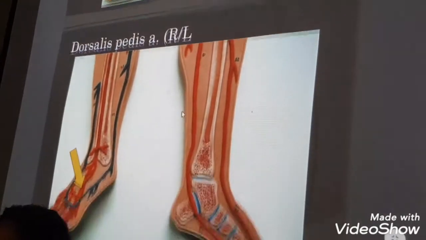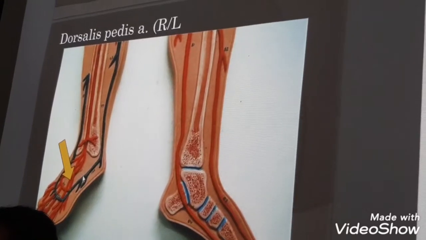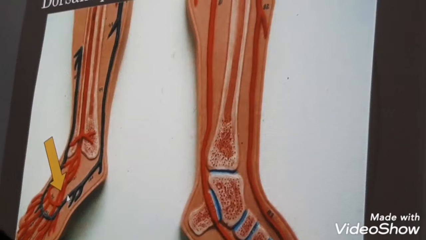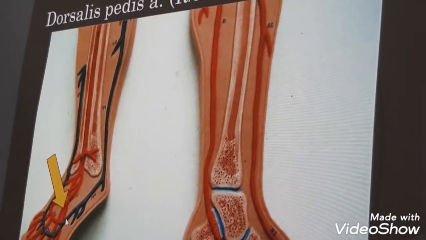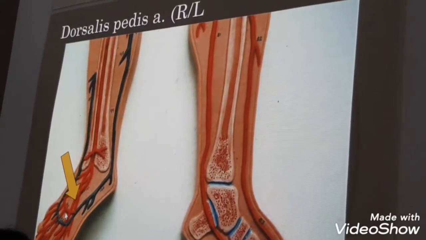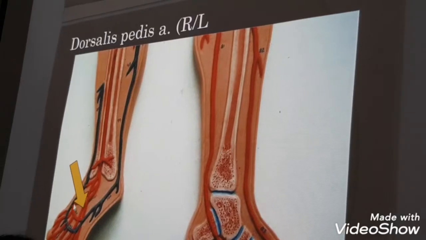So just like the arch on the upper extremity, we arch down here as well because we got the same kind of presentation with the toes. So there is a dorsal pedal arch, and really that arrow is supposed to be a little further down, so I'll make sure to change that.